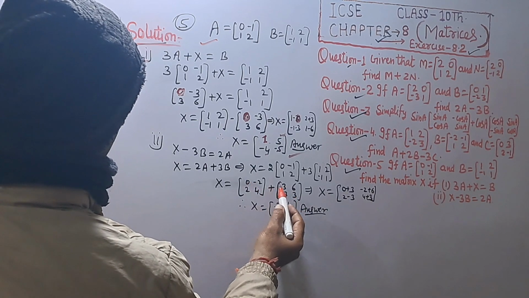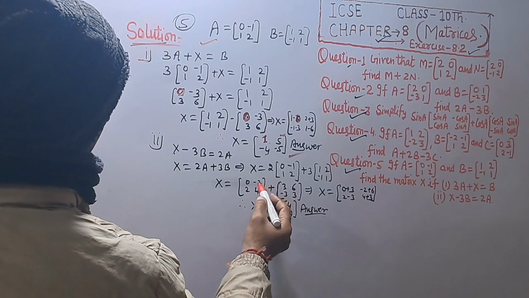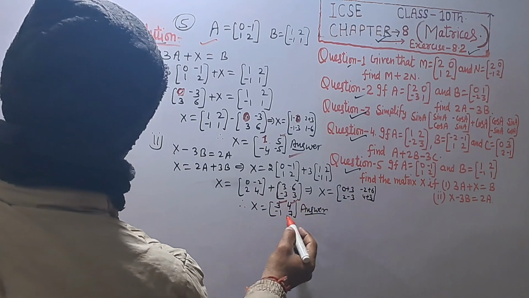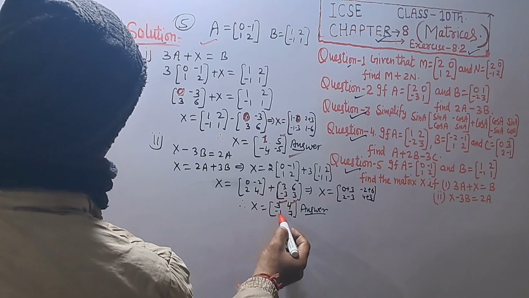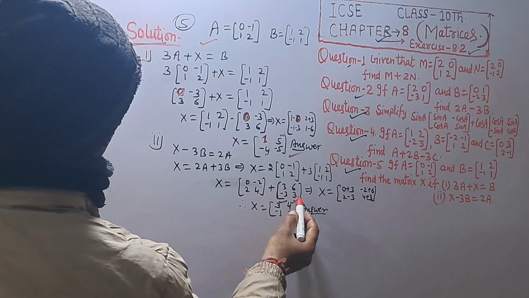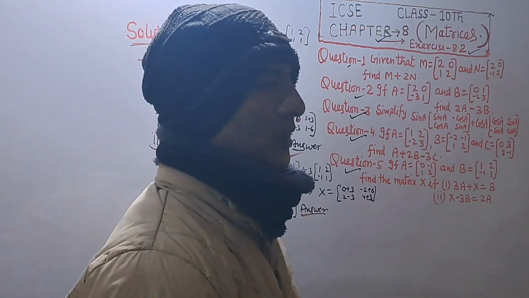So 0 + 3 is equal to 3, and 6 - 2 is equal to positive 4. 2 + (-3), 2 - 3 is equal to -1, and 4 + 3 equal to 7. Answer.